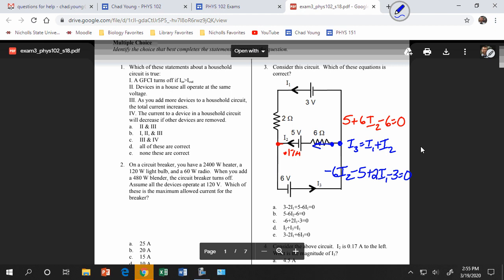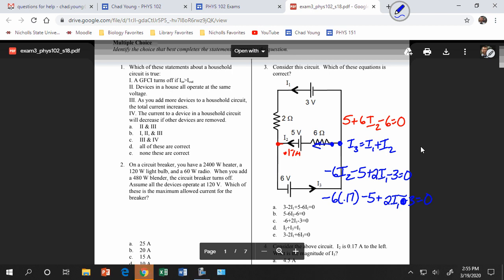And then I would solve this for I1. Minus 6 times 0.17 minus 5 plus 2I1 plus 3, excuse me, it should be minus 3 equals 0. I'll leave you to solve that for I1.